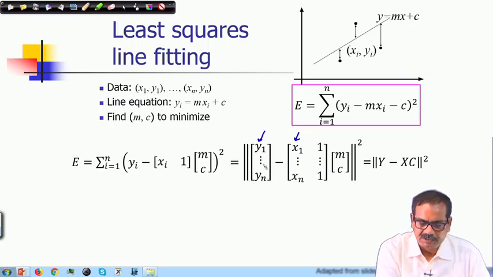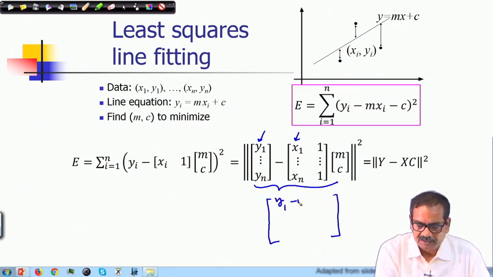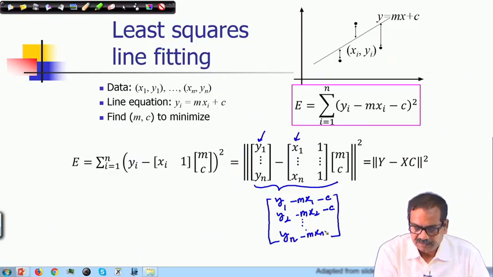If I expand this term, you will get a column vector with y 1 minus m x 1 minus c. Similarly, in the second row you will get y 2 minus m x 2 minus c, and in this way you will get y n minus m x n minus c.